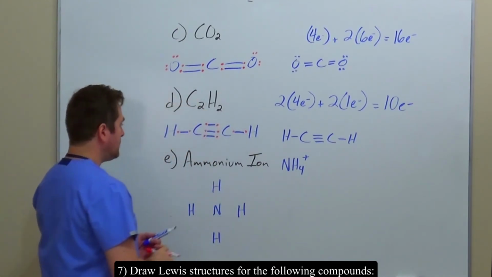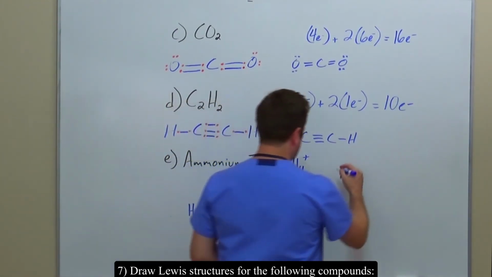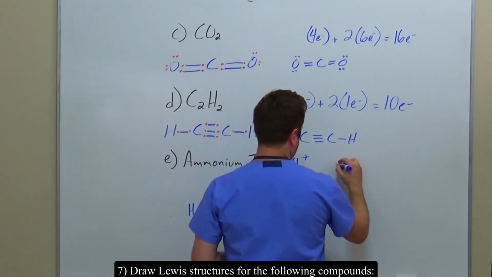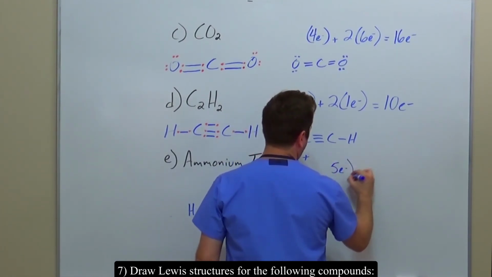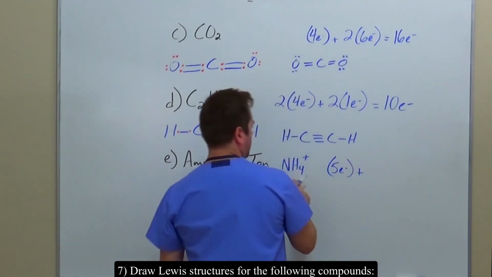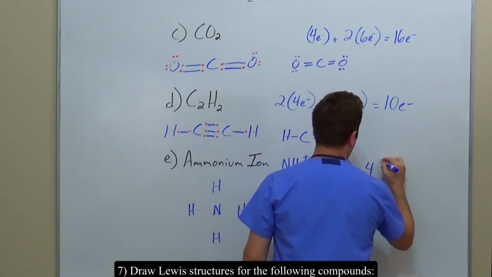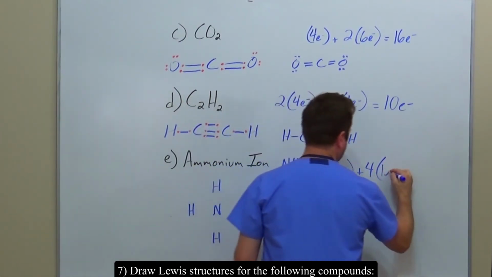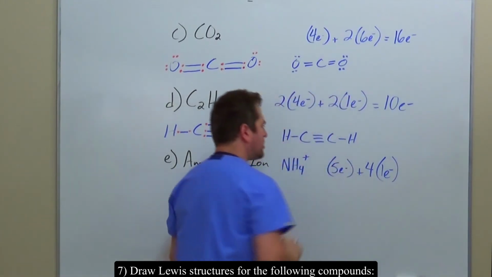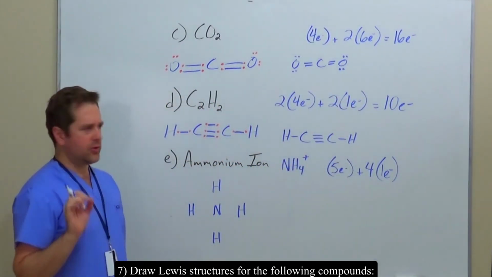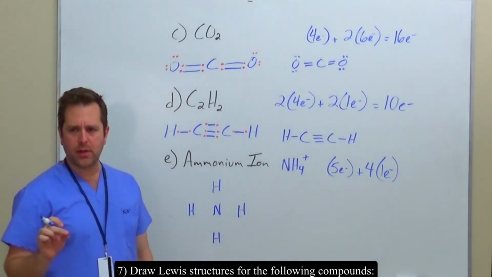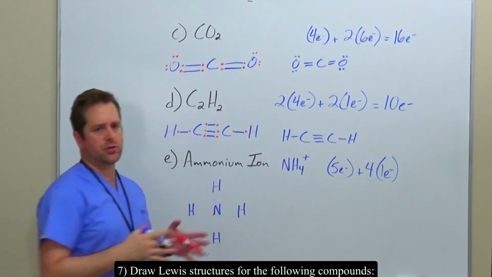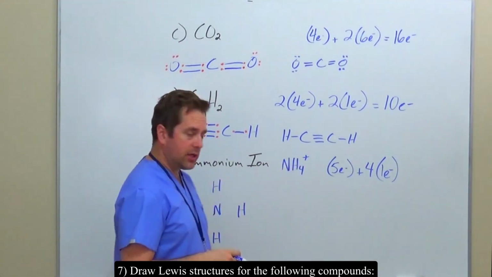All right. Let's go through our process. Nitrogen, since there's only 1 of them, it contributes 5 valence electrons, and then we have 4 hydrogens. Each one of them contributes 1 electron. So we're good so far. However, there's one critical step that we have to make sure that we follow in our overall calculation.